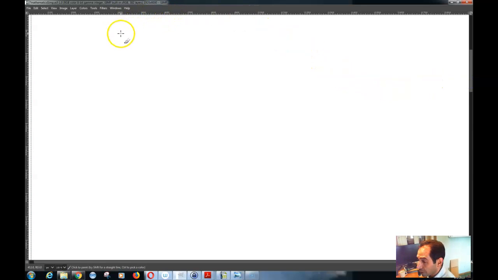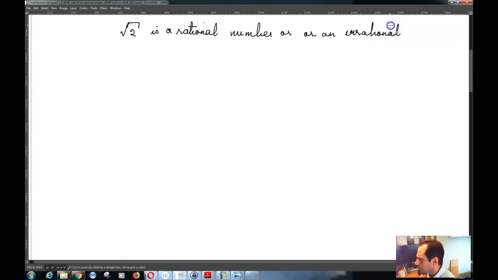The next statement that we have is: square root of 2 is a rational number or an irrational number.